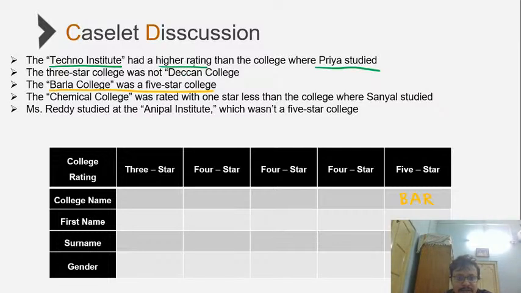Note, there's only one 5-star college, and that is Barla College, which means Techno Institute, at a higher rating, must have a rating of 4-star, because there cannot be any more 5-star colleges. And if Techno Institute is 4-star, Priya's college must be 3-star. So in the 3-star column, we mark the name as Priya. In the 5-star column, we mark the college name as Barla College.